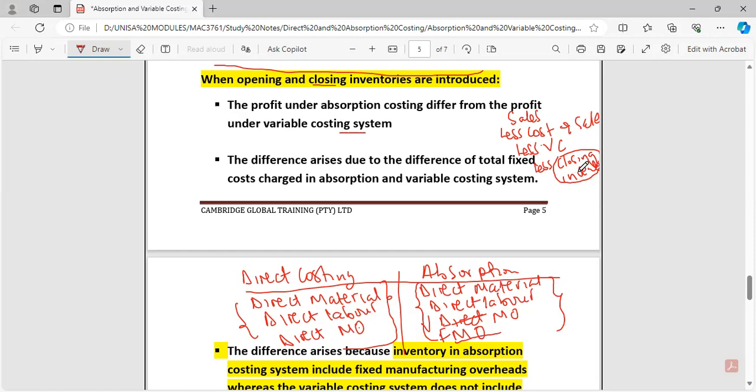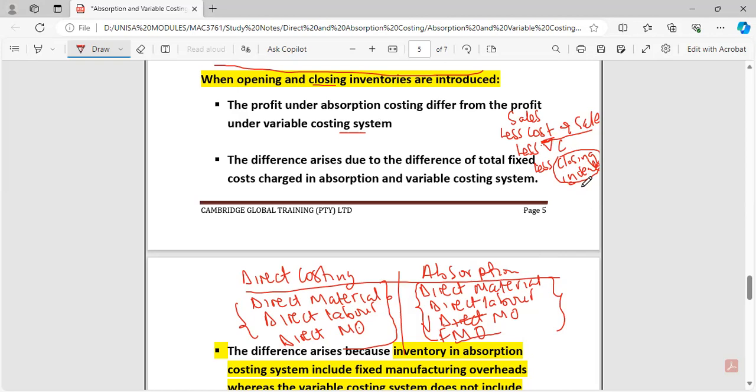So once you less a smaller figure for closing inventory, your cost of sale will remain higher. So the profit under direct costing is going to be less than the one under absorption costing because of this inventory.